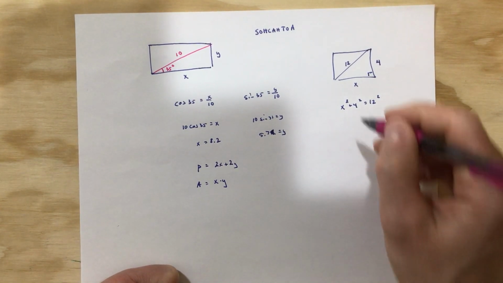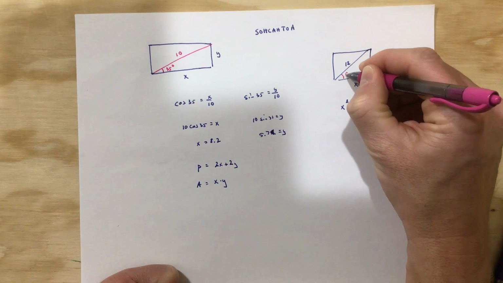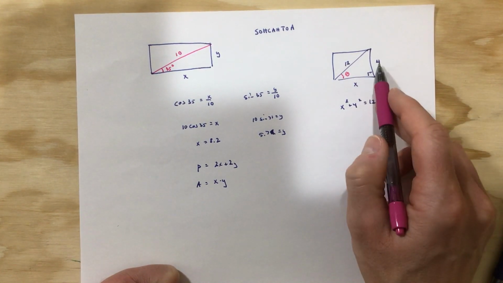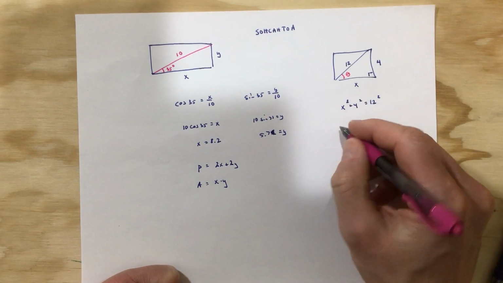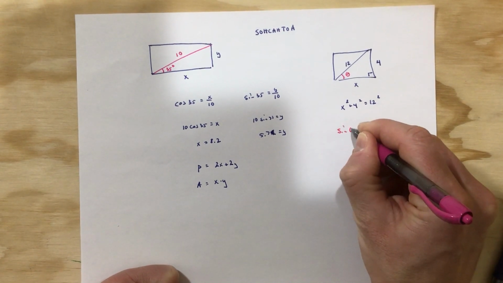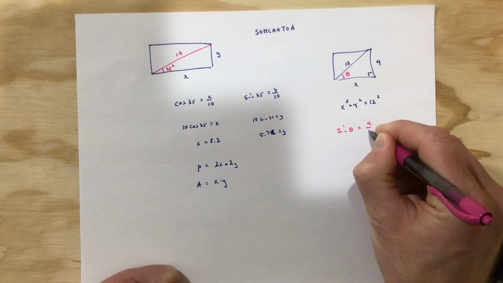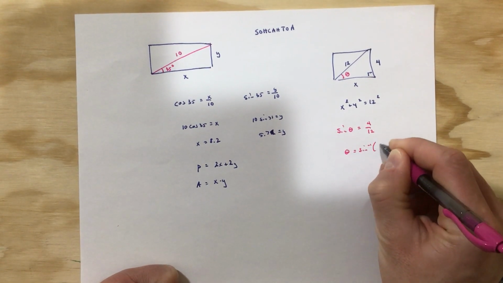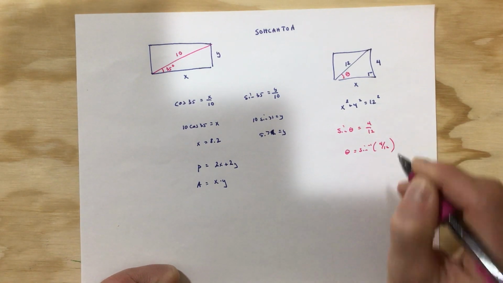Remember, if I wanted to find an angle, like this guy, and I knew those two sides, then I could use inverse trig. Remember, this is opposite, this is hypotenuse, so I would say sine of the angle is 4 over 12, and then the angle is inverse sine of 4/12.